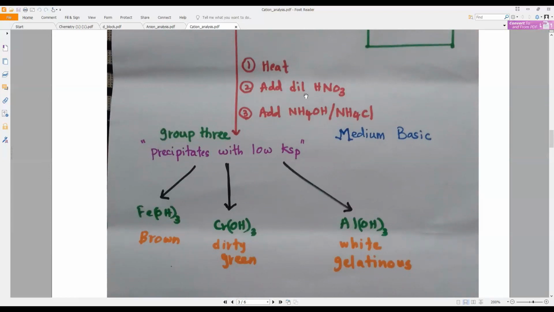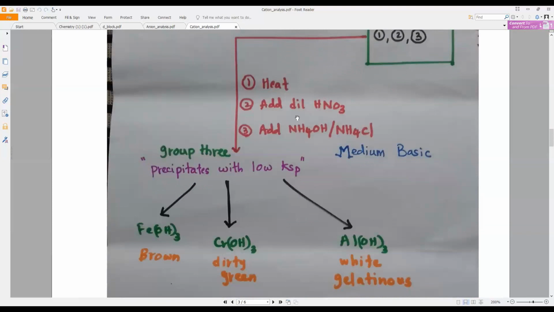If you just put ammonium hydroxide into this filtrate, Mg2+ will be precipitated as magnesium hydroxide, because if you don't put ammonium chloride, there will be a higher OH- concentration in the solution, so the ionic product of magnesium hydroxide will surpass its Ksp value and it will precipitate.